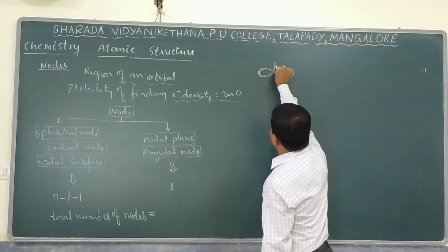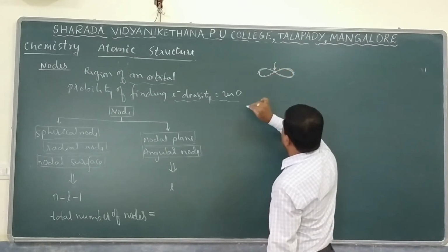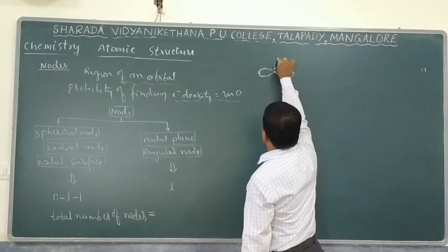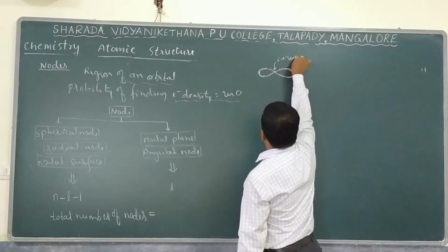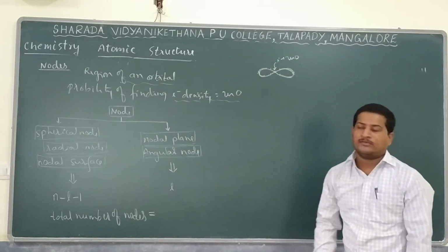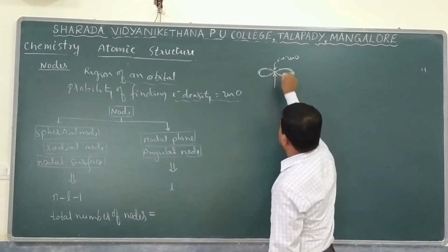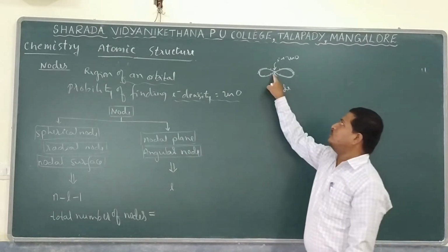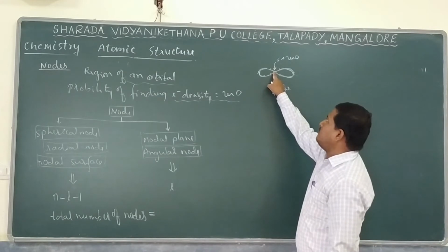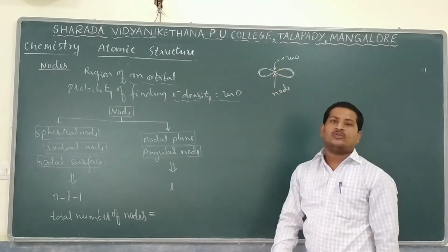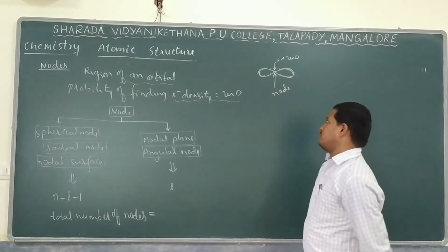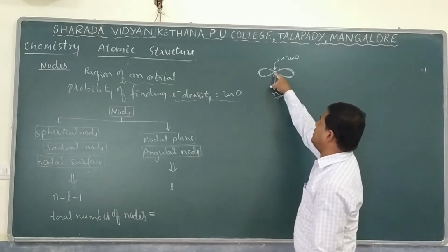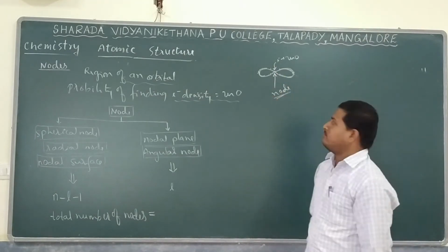But at this point the probability of finding electron density is going to be minimum, or we can say 0. So this particular region is called a node. Clear? So a node is the region where the probability of finding electron density is 0.